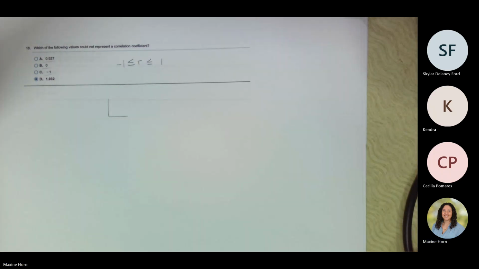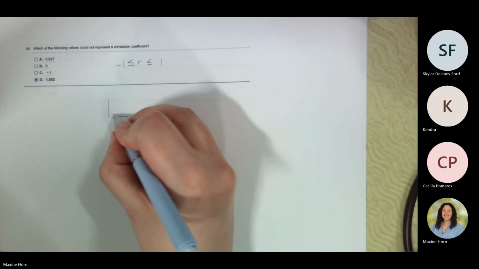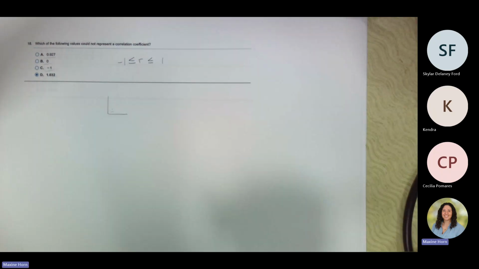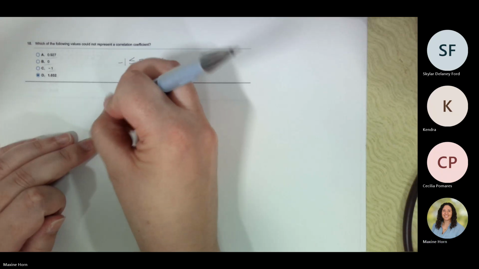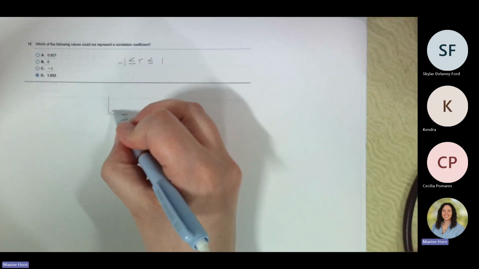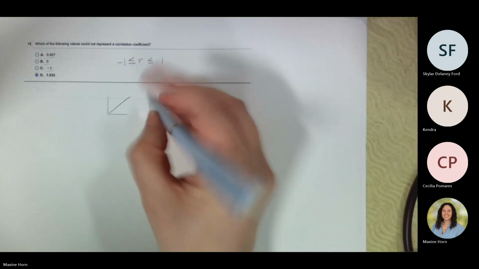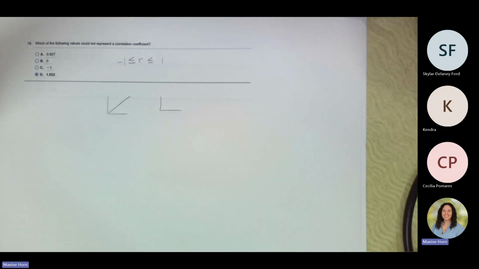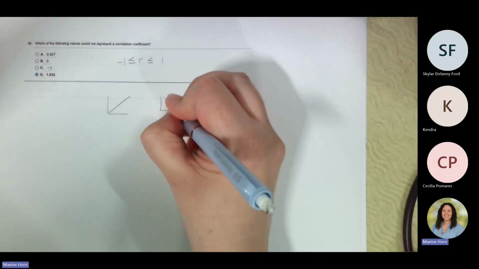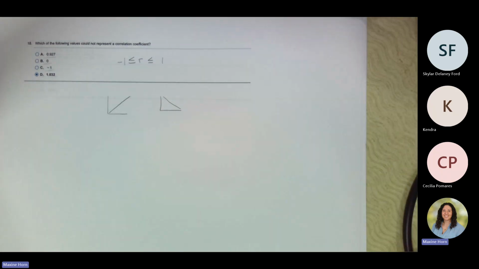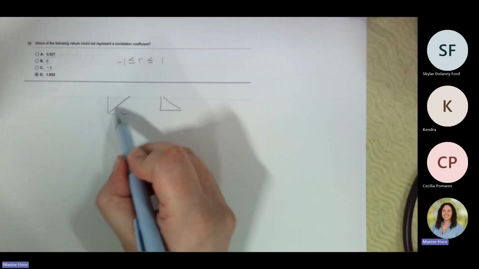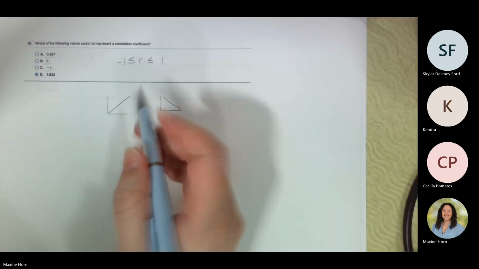So remember, if you have a graph, and actually, you know what? No, I'm not even going to do the dots. Let's say all your dots perfectly line up like that. Or you graph them and they perfectly line up like that. And the slope of this line is 1, right?